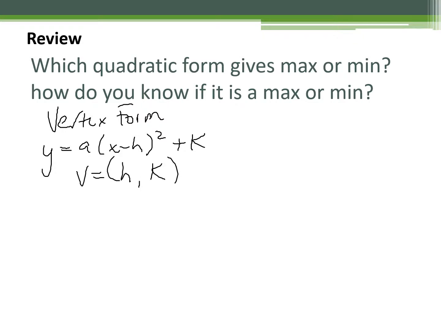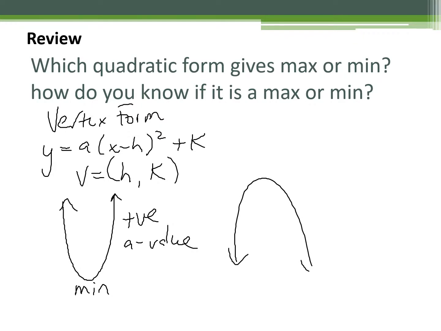Why do we care about the vertex? Because the vertex is a special point that gives you the maximum or the minimum. So if your parabola has a positive a value, it opens up, and therefore it comes to an absolute bottom, which means it makes a minimum.